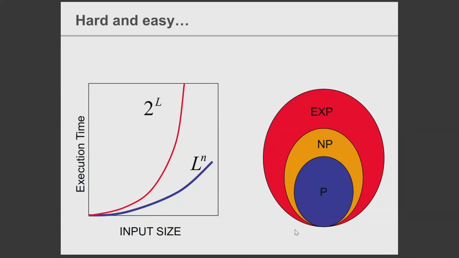So it's outside P. But there is an interesting class of problems in between that is called NP. For some historical reason, NP stands for non-deterministic polynomial, never mind. But it is a class of problems where it's extremely difficult to solve them, exponentially difficult. But once you have the answer, at least you can verify that the solution is the correct one.